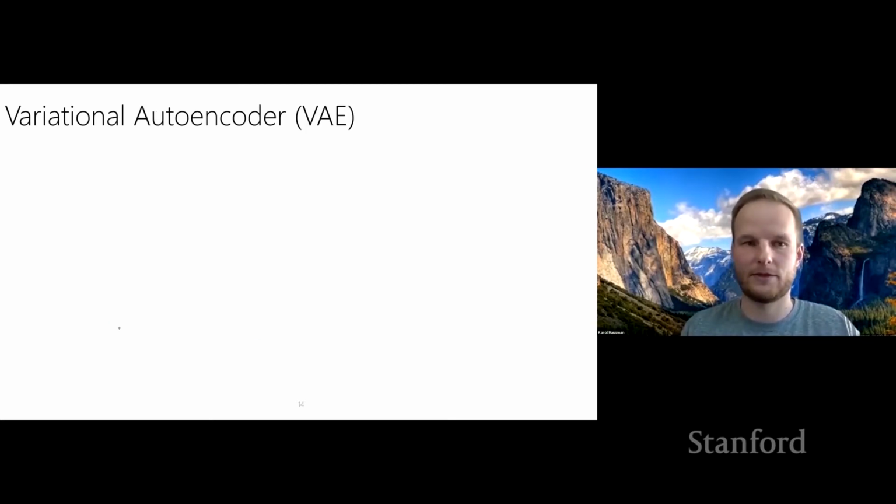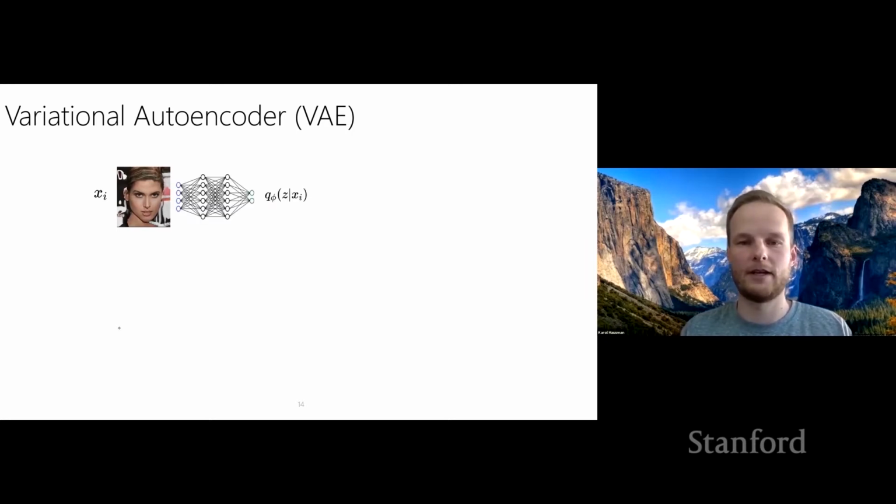All right, intuition. What we built actually looks something like this. We have our input data point xi. Then this gets transformed into some kind of latent code using our variational distribution. We'll have some kind of neural network that takes that data point and transforms it into some lower dimensional latent space z. This is our q phi of z given xi.